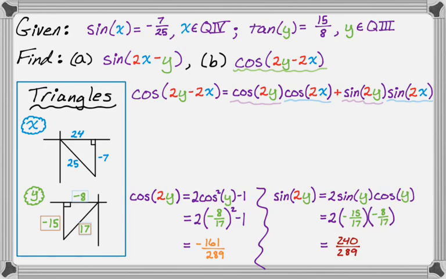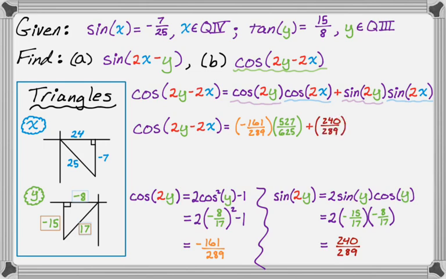In the previous part, we found cosine of 2x and sine of 2x, so I'm just going to substitute those in. So the cosine of 2y minus 2x is the cosine of 2y, which we just calculated, negative 161 over 289. Cosine of 2x we found in the previous problem to be 527 over 625, plus, just part of the formula, sine of 2y we just calculated, and sine of 2x from the previous part is negative 336 over 625.